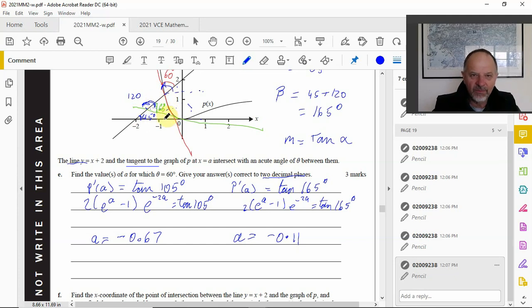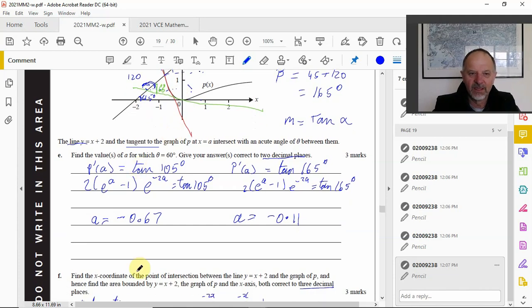And then from there to 0, all we need to worry about is what's under this line P. Because when you read it, it says find the x-coordinate of the point of intersection, then find the area bounded by that and the x-axis.